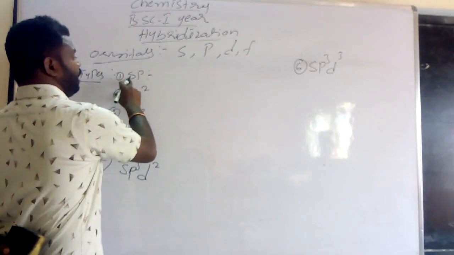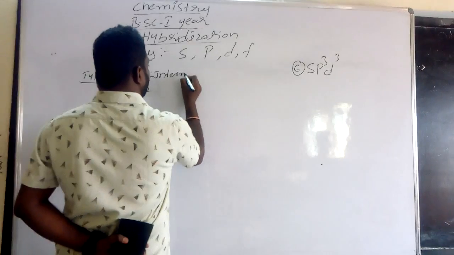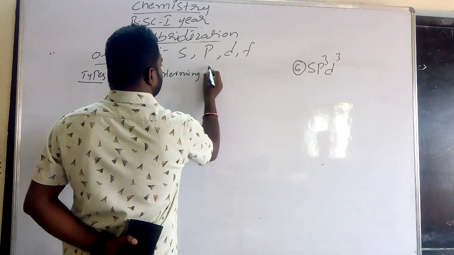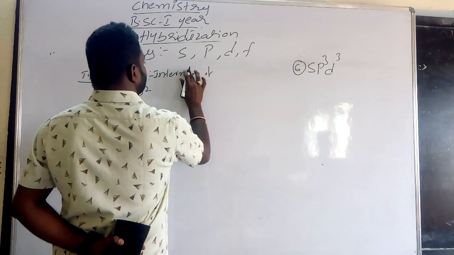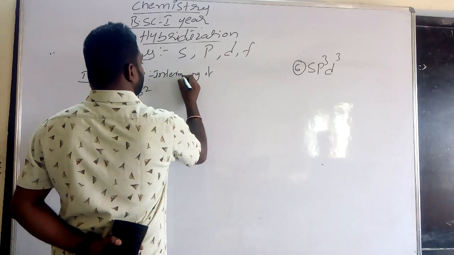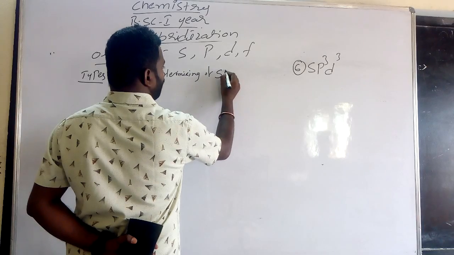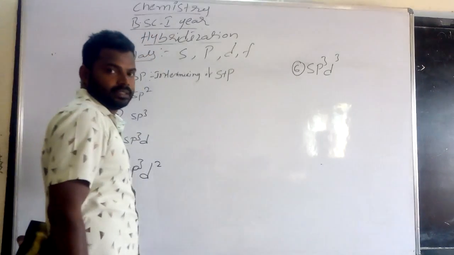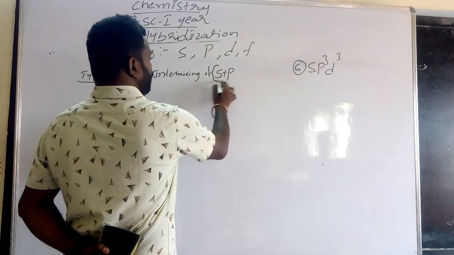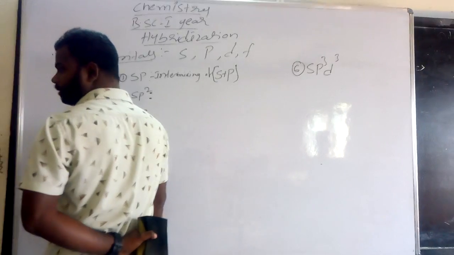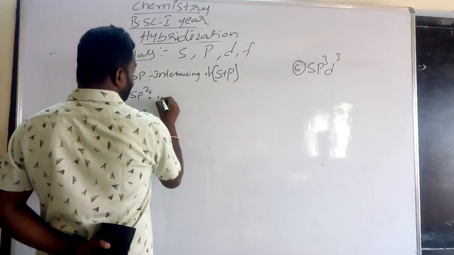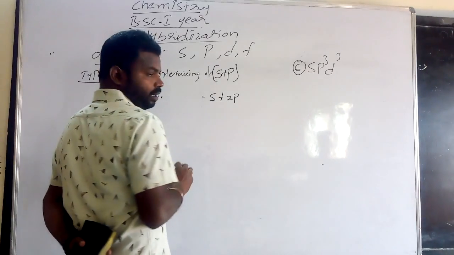What is sp hybridization? Intermixing of one s orbital and one p orbital are combined. Here, sp2: intermixing of one s orbital and two p orbitals.